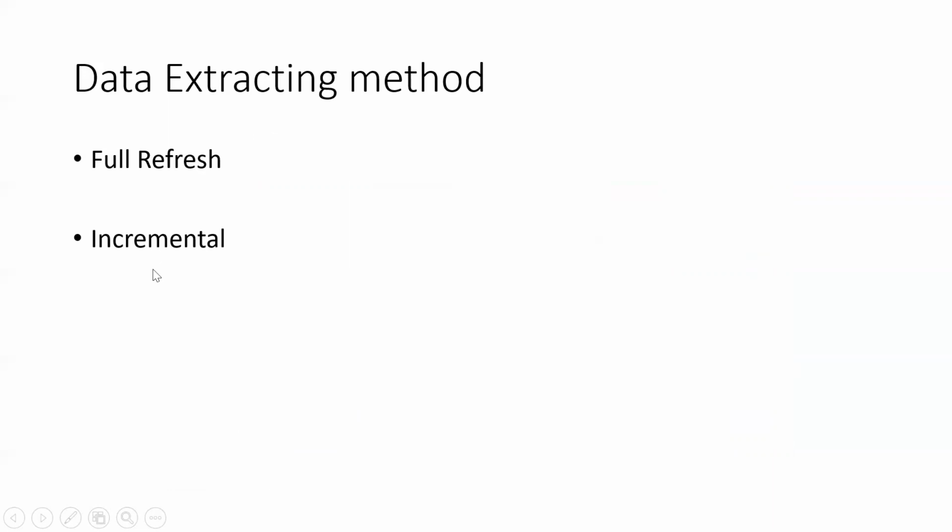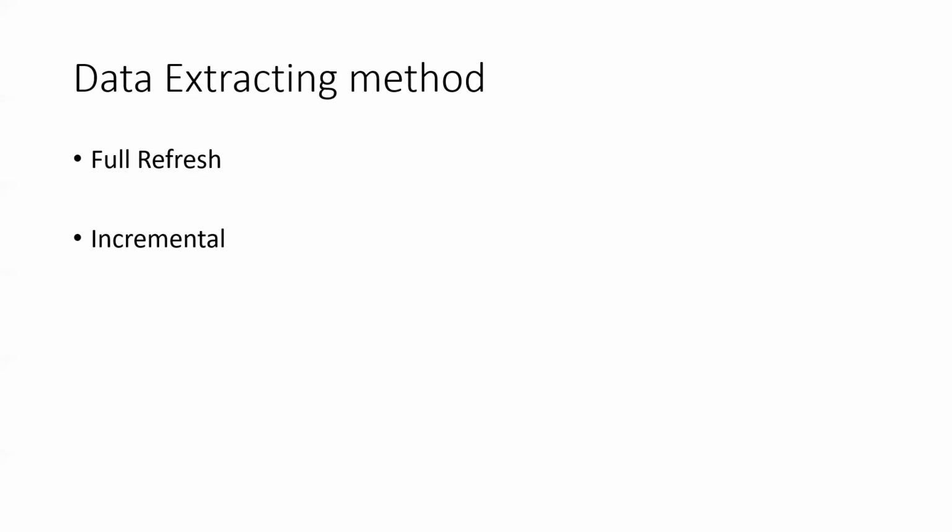Suppose we have 3 records for today's transaction. If we run the ETL job, it will store the data of these 3 records at my target site. That is fine. Again, tomorrow we have 2 extra records, so let's say we have 5 records in total. That means we have 2 extra records in tomorrow's transaction.